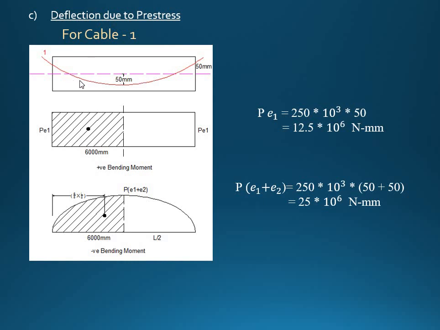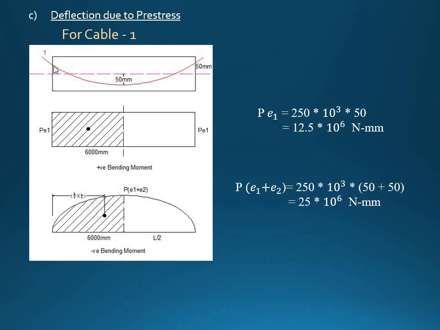The first cable is a parabolic cable, which has an eccentricity of 50 mm at the center and 50 mm at the support. Here I have written the two bending moment diagrams. The first one is a rectangle. It is for this portion.